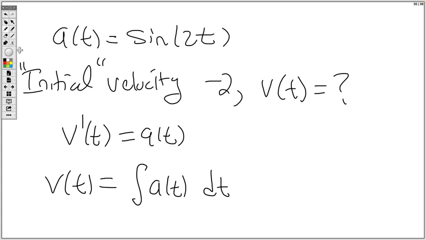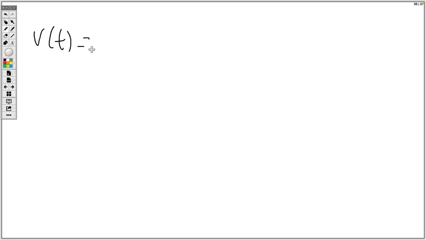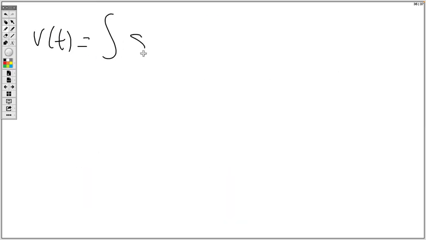Okay, and notice the independent variable here is given to us as t, ostensibly for time. So notice that that's going to be the variable of the integration. Does that make sense? All right, so v of t equals the integral of sine of 2t dt.